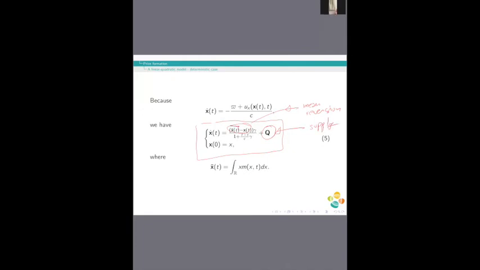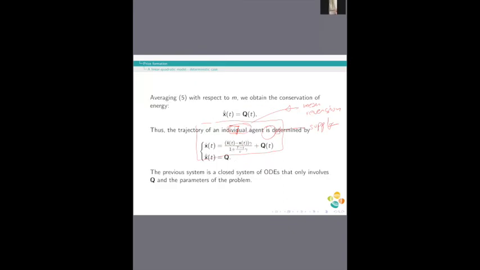But of course, we need to know X bar. If you go through a little bit of computations, what you realize is that X bar is driven by Q, as it should be, because that's what the supply is doing. So in the end, each individual agent can determine its trajectory by solving a system of two ODEs. This is a closed system of ODEs that only involves Q and the parameters of the problem. So this is something that can be solved pretty explicitly.